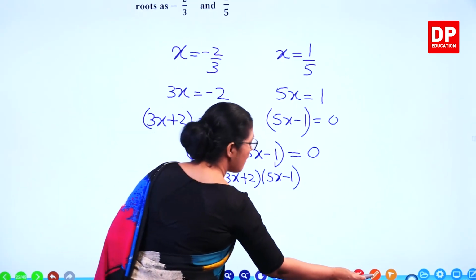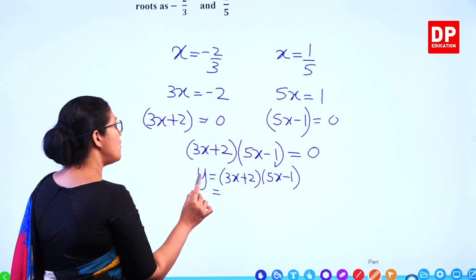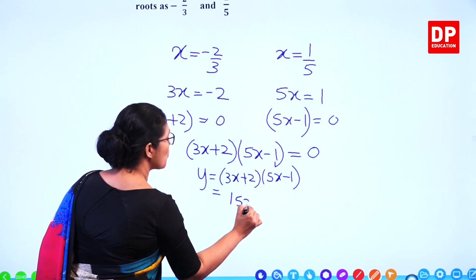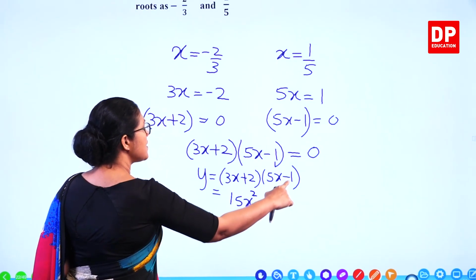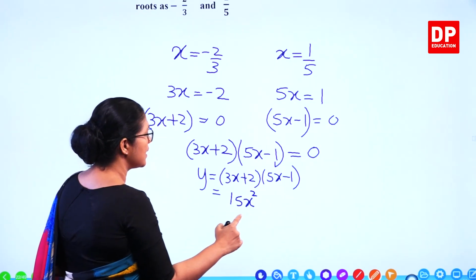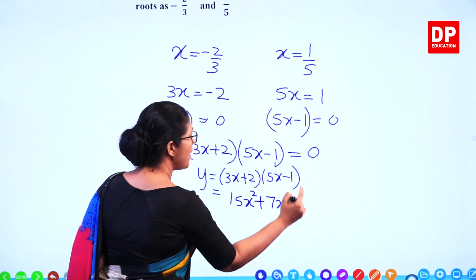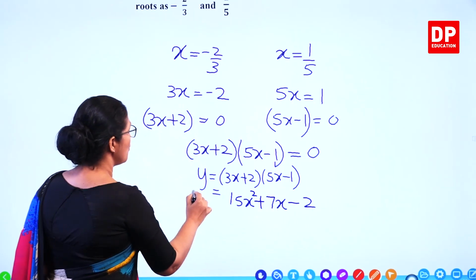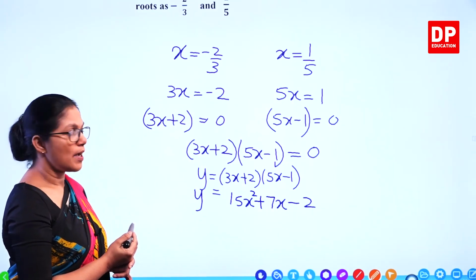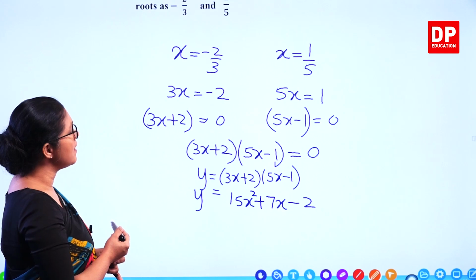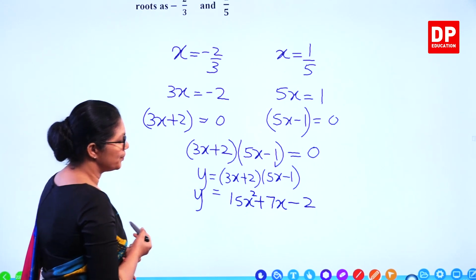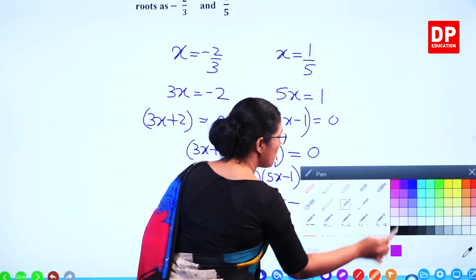Multiply and write down the quadratic equation. 3 times 5, 15x squared. Minus 3 plus 10 plus 7x. 2 times minus 1 minus 2. So the quadratic equation becomes 15x squared plus 7x minus 2. 2 marks you are getting.